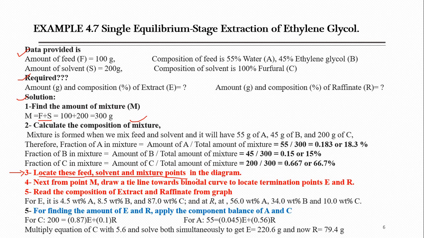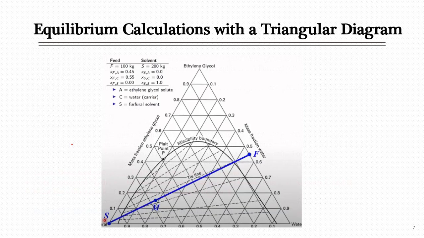After locating them, we drew a tie line from point M towards the binodal curve to locate the termination points of the extract and raffinate, and they are finally used towards the calculation of composition. So this is what you did in the last lecture, but now let me go back to that diagram.